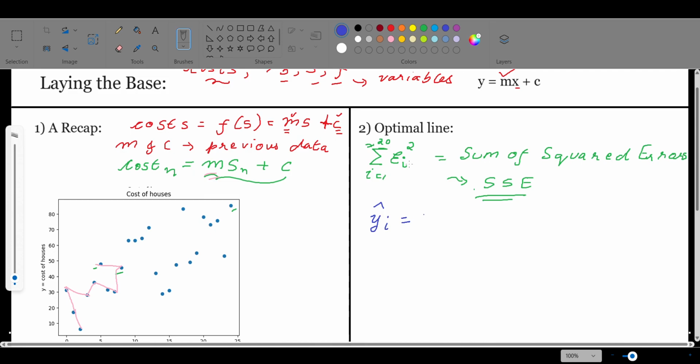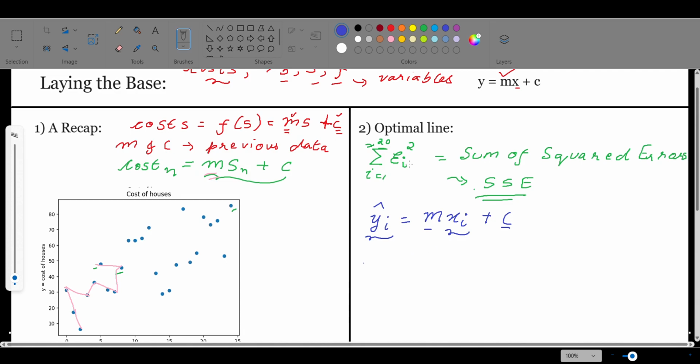So you could say it is the best approximation, m xi plus c, where xi is the square foot area. m and c represent the slope and the constant of that line we thought could be the most optimal line possible. And we substitute xi over here because, as we discussed earlier, the square foot area never changes. It's only the cost, or the y value, that changes. Therefore, yi cap is equal to m xi plus c.